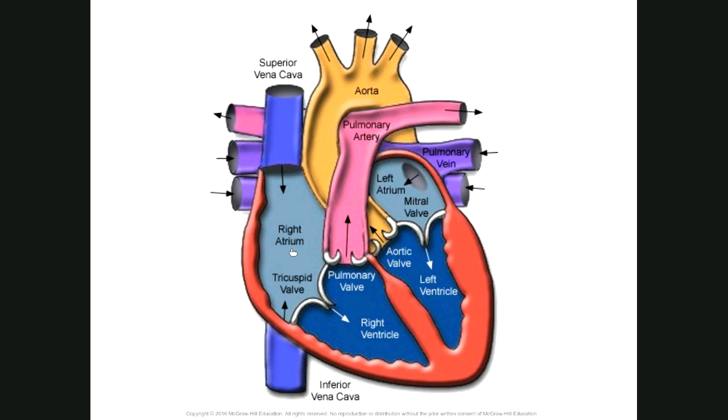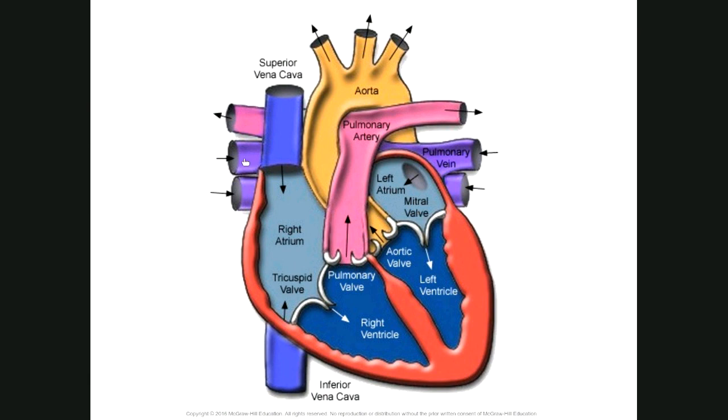And all the organs which are located beneath our heart, like the lower part of our chest, your abdomen, and your lower limbs, bring their deoxygenated blood into the inferior vena cava, and the inferior vena cava carries it to the right atrium. So the superior and inferior vena cava come to the right atrium of our heart, and both of them carry deoxygenated blood.